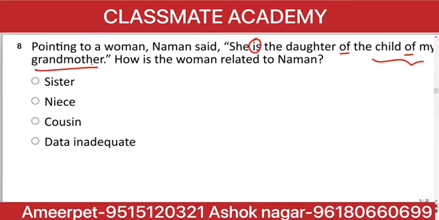Child of my grandmother means that may be either from your mother or father, or your father's or mother's siblings as well. So we don't know. We use the general word child, saying that daughter of whom? Child of my grandmother. So daughter means the answer could be either your sister or your cousin, because the child is not defined here. So that is the reason your answer is data inadequate.